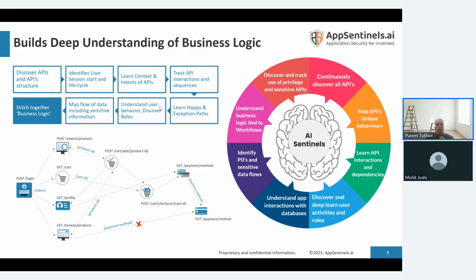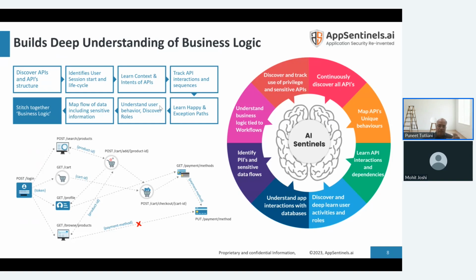All of these are workflows that AppSentinels will understand end to end, because these involve calling certain APIs in a certain order, passing the right arguments to make a certain business logic workflow happen.